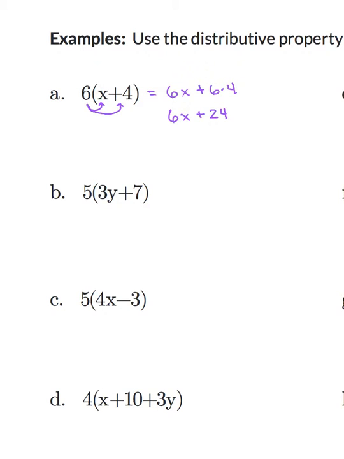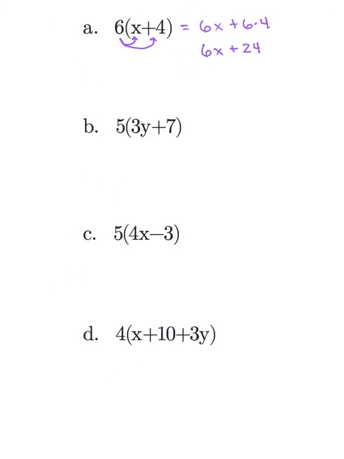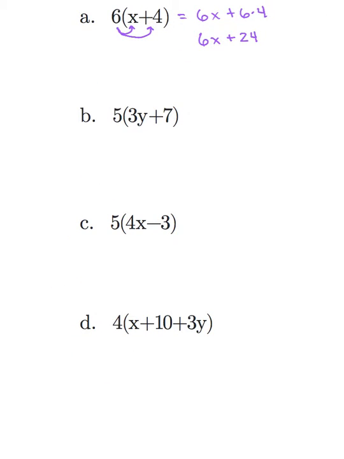All right, let's look at example B. Example B, we have 5 times 3y plus 7. So again, I want to multiply everything inside the parentheses by 5. If we do this, we get 5 times 3y plus 5 times 7.